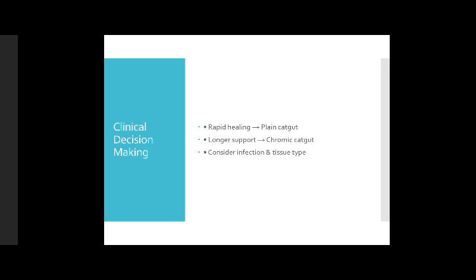Now we should also consider any infection and the tissue type to decide which type of suture we should use. This is the clinical decision making: for any stitch, when to use, what your indication is.